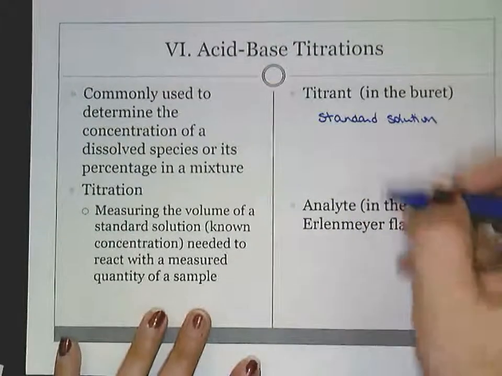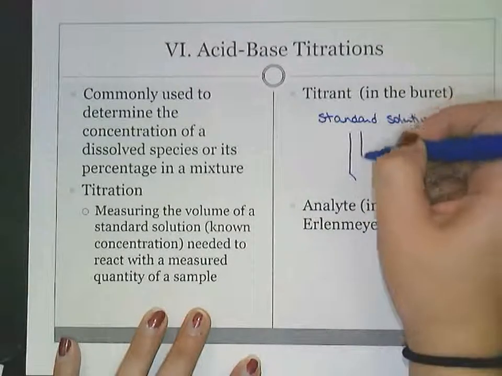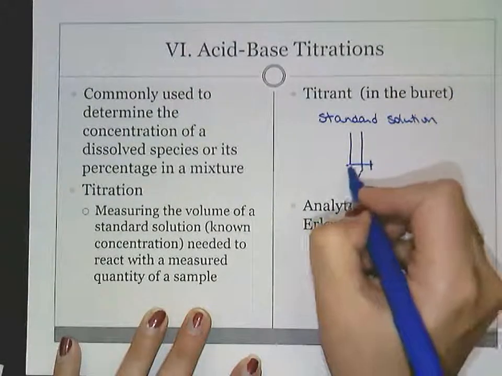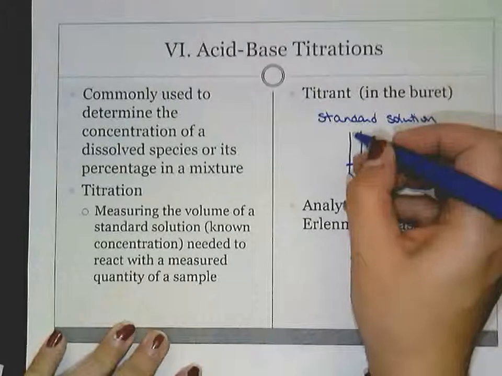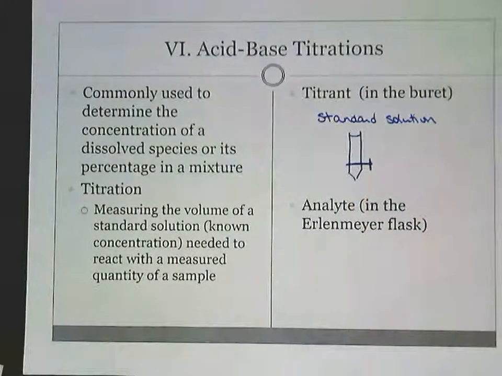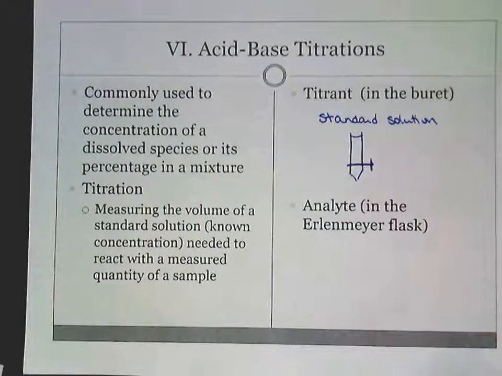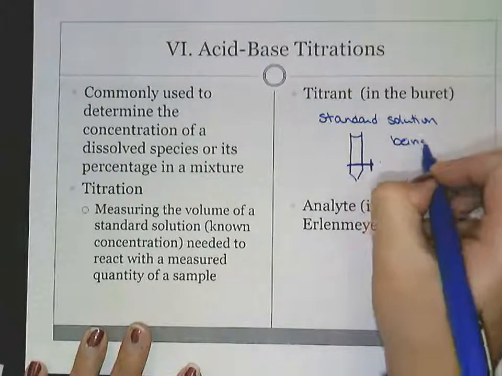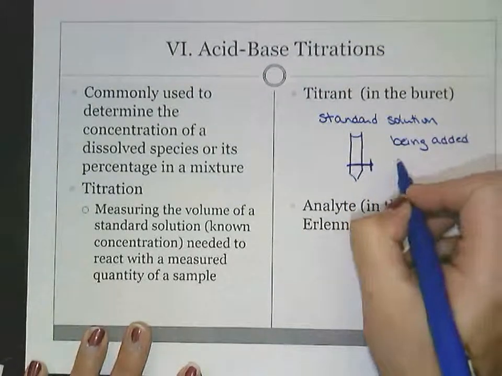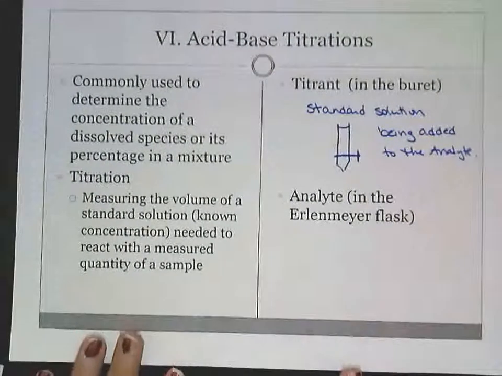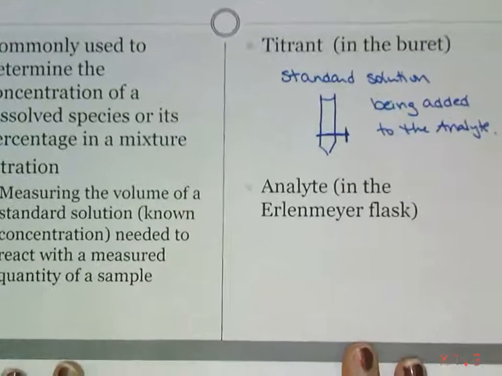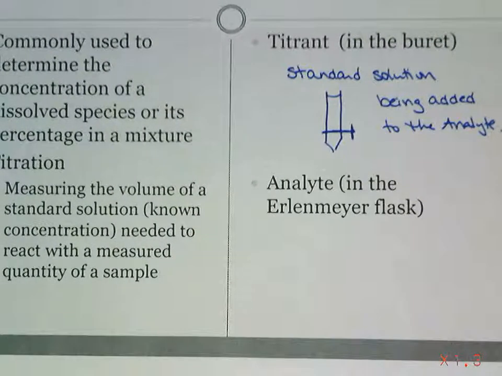All right, and the burette was this guy, where you added the sodium hydroxide to 0, and then you measured how much you poured at the bottom, right? So that is the thing being titrated into. So that's the thing being added to the analyte. And the analyte is the solution in the Erlenmeyer flask.